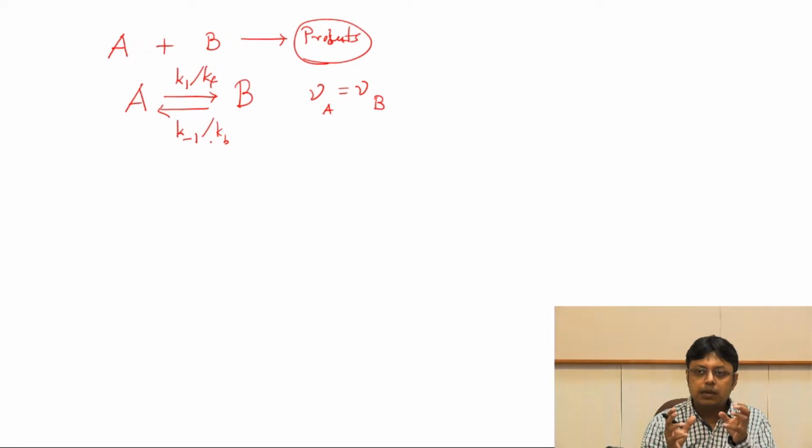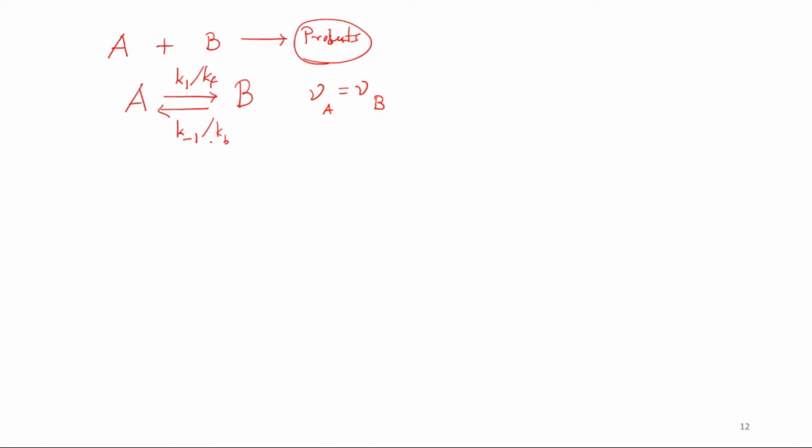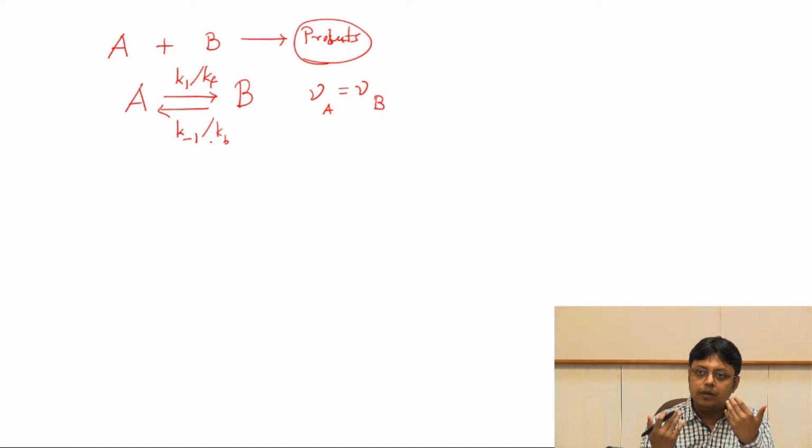Suppose we mix some A and B together, and then A starts converting into B. We could also start only from A and heat it up to make some B. Initially the concentration of B will be low, but with time more and more A will be consumed to make B, and then the B concentration will increase, and B will also react further and give back A. So initially the rate of A going to B will be very high and B going to A will be slow, but sooner or later these two rates will become equal.